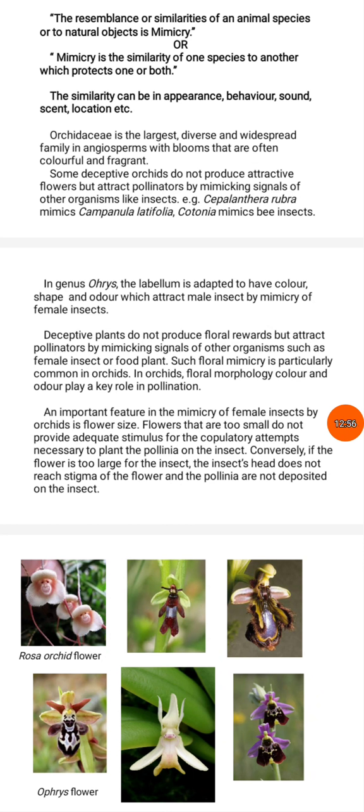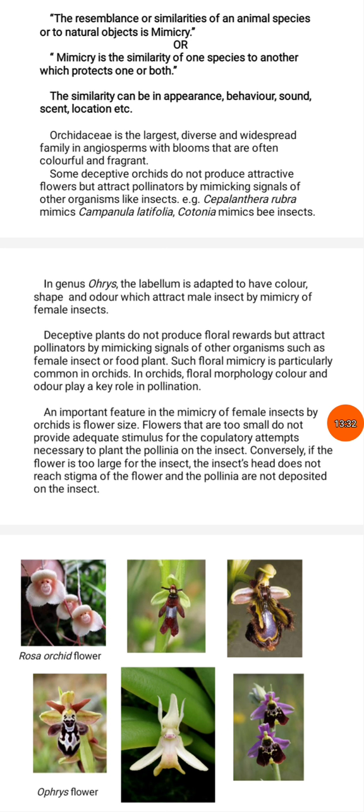For example, like insects. One example given is Cymbidium rubra, an orchid species which mimics an insect, Campanula latissifolia. This orchid mimics the insect so that pollinators are attracted towards the plant and pollination takes place.